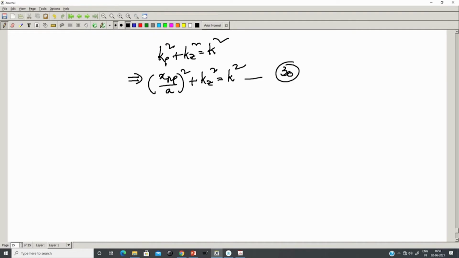So, this is equation 30. So, from this the values, the propagation constant kz can be determined at a given frequency for a given radius of the circular waveguide A for a particular mode corresponding to n and p.